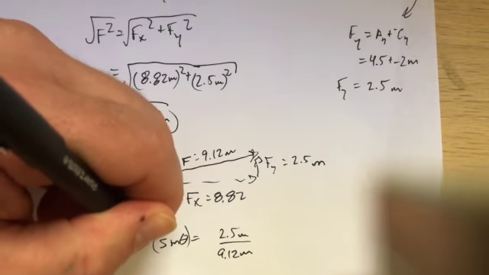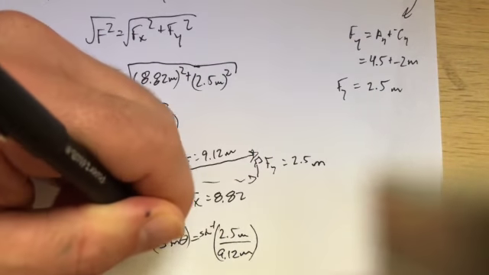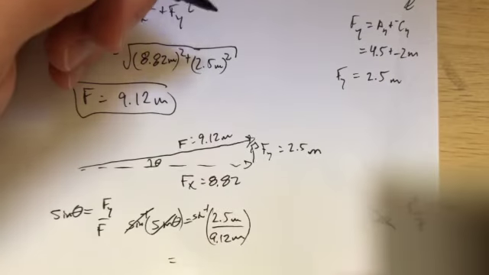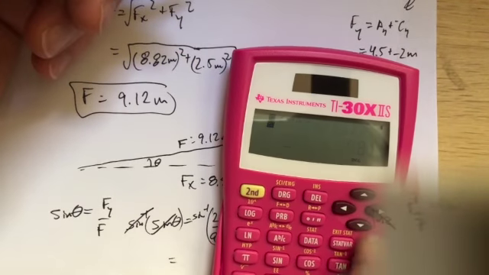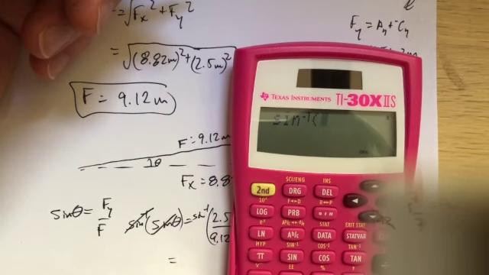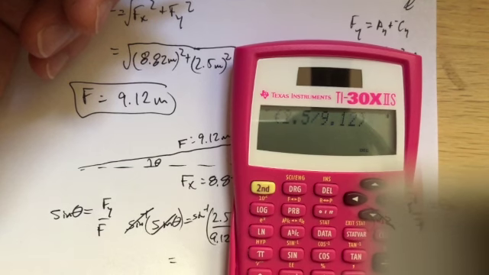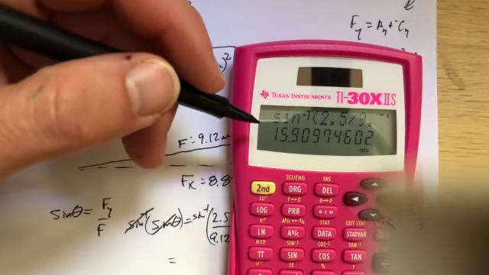Let's take the inverse sine of both sides because we don't want the sine, we want the angle. And so pull out my calculator. I go inverse sine of 2.5 divided by 9.12 equals 15.9 degrees.